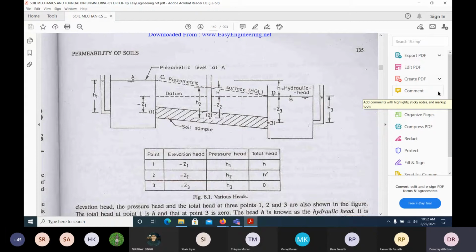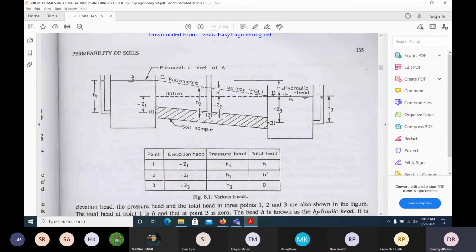So what I am trying to say is, only when we create a head difference will the water try to flow, by gravity, from upper head to lower head. If we keep it equal, there is very little chance of the water flowing.